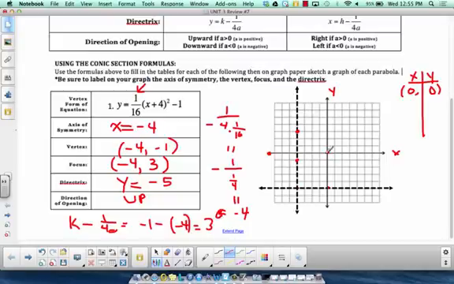Well, let's see how far out I can go: 1, 2, 3, 4, 5, 6. Let's go to 6, because I really can't do a heck of a lot over here. So if I go to 6, then I have 10 squared, which is 100. 1/16 of 100, so let's grab our calculator.